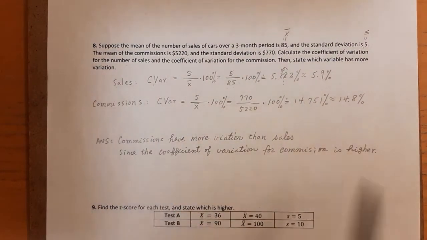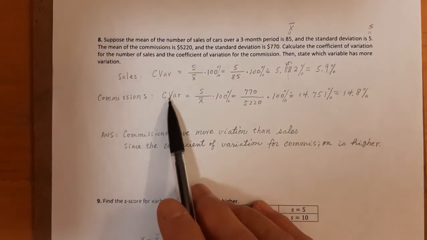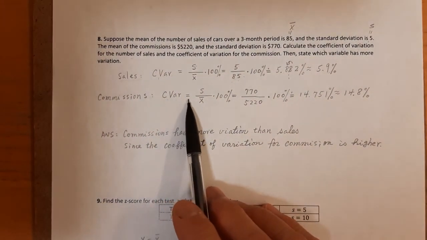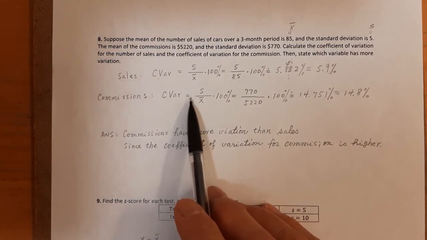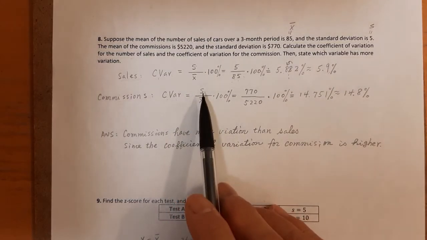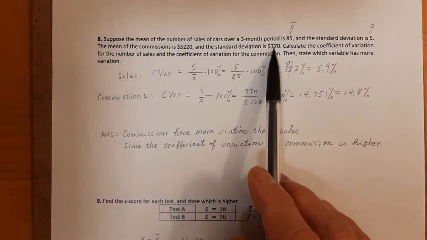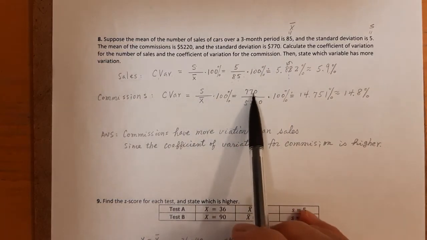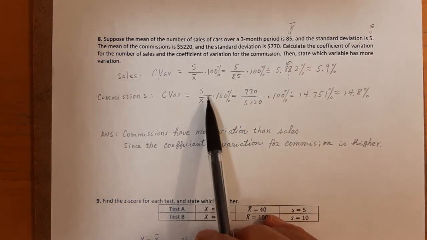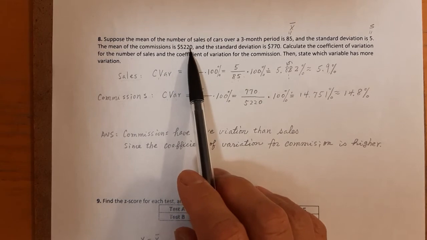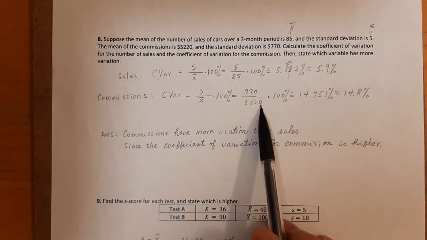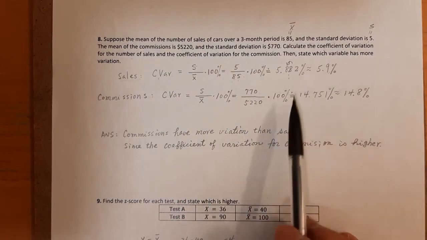For the salesperson's commission, the coefficient of variation is equal to s, the standard deviation, 770, over the sample mean, 5,220, times 100%.